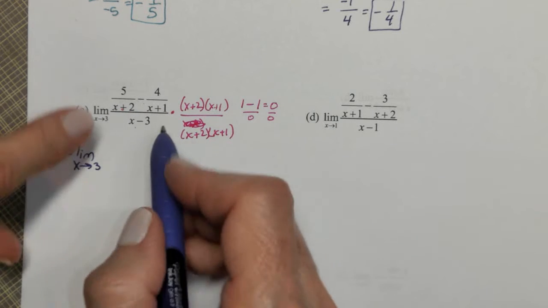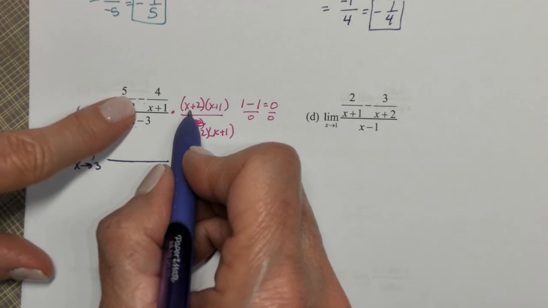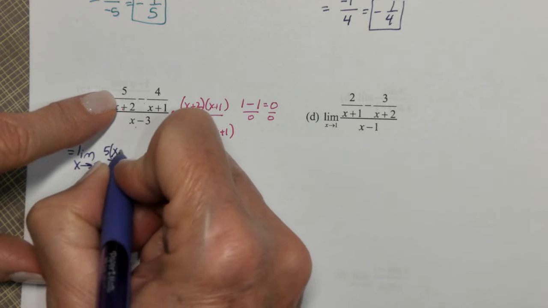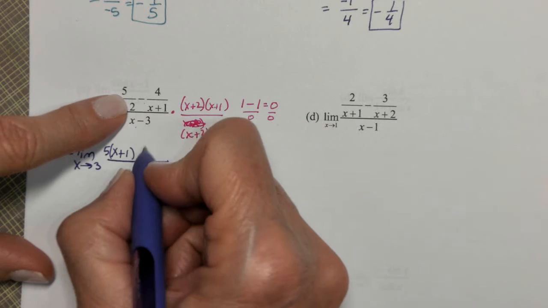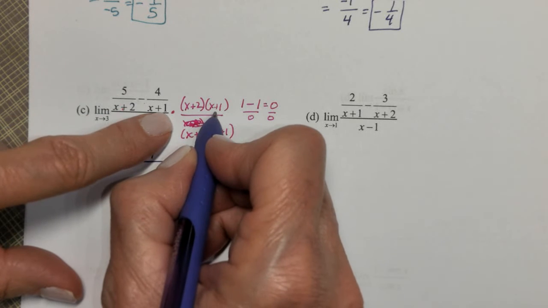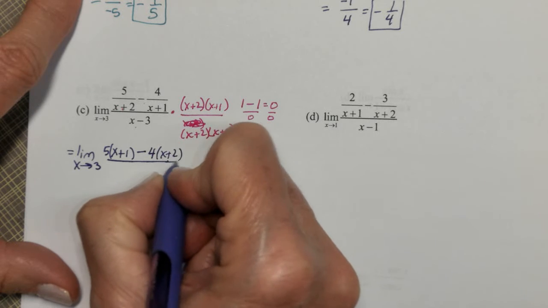Up on top, the x plus 2's cancel. I'm left with 5 times x plus 1, minus the 4 times, the x plus 1's cancel, I'm left with the 4 times the x plus 2.